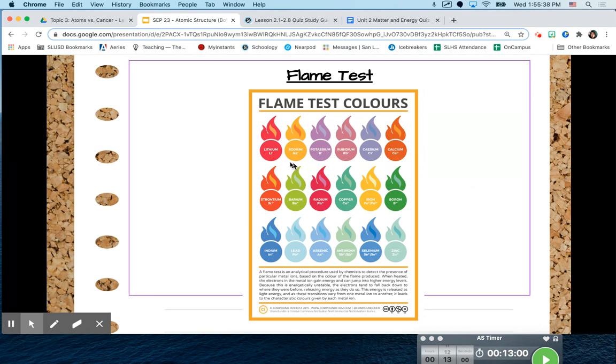Basically, I burned a couple of elements and they showed up as very specific colors. If you take calcium and burn it, it'll show up as orange. If you burn lithium, it shows up as red. If you burn copper, it shows up as green. And if you check our class Instagram, you can see one example of copper turning green.